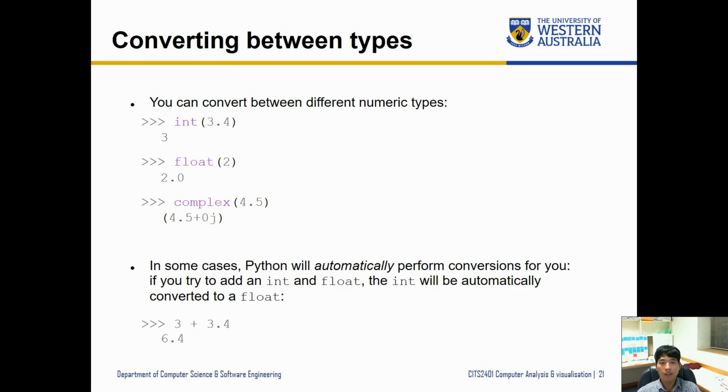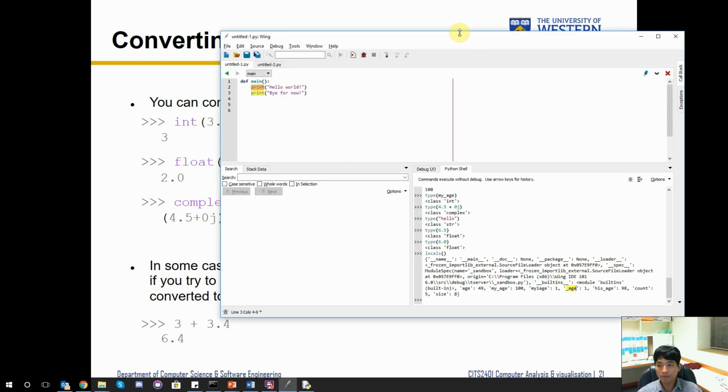Okay. And further, we can convert the type of variables from one to the other if it's compatible. Obviously you cannot convert a string to a number if it doesn't make sense, but if it makes sense to change the type, then Python will allow you to do that quite easily.